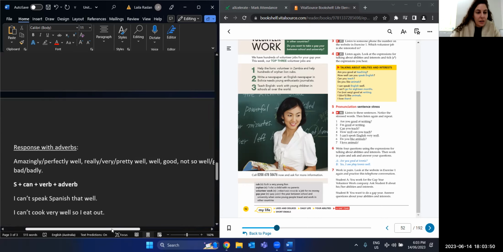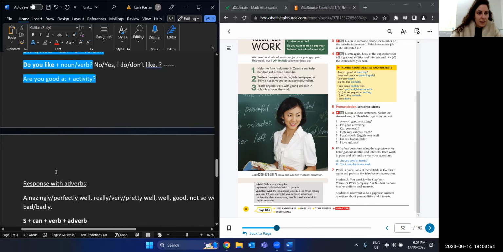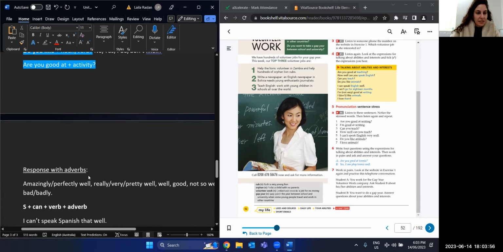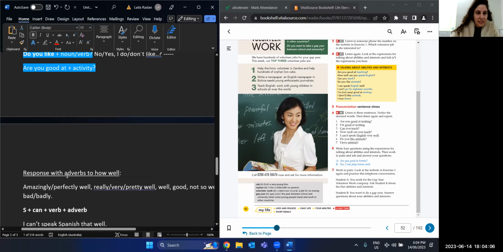So for the how well, we must respond with these ones. These are responses with adverbs to how well. But the can is different. The can, yes, I can. That's this one. But how well, then you must respond with these.